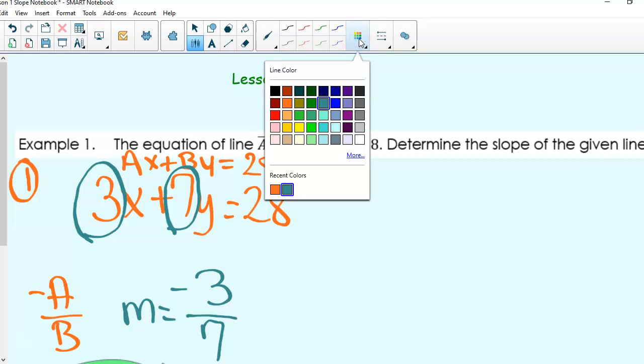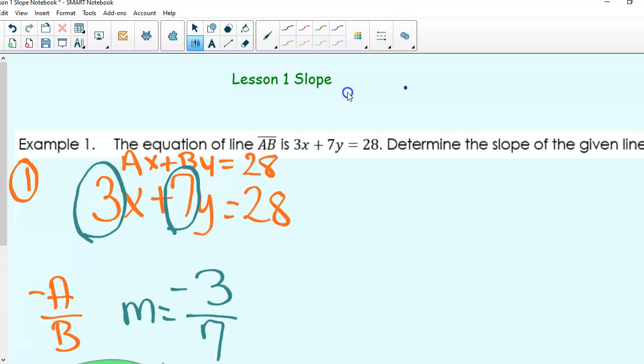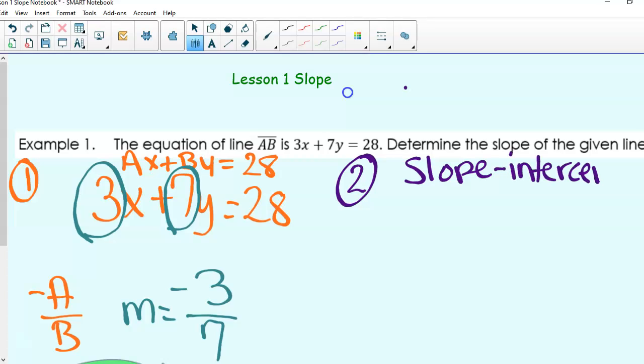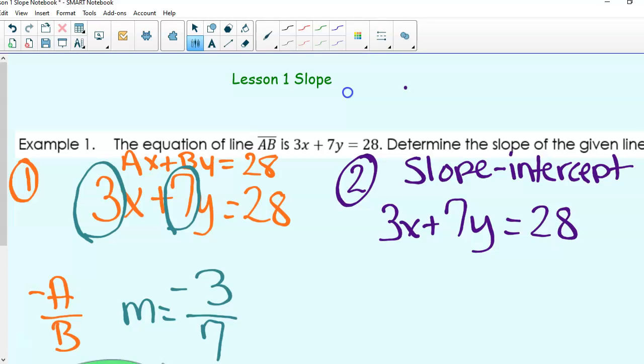Okay, the second way that we can calculate slope from this is to find the slope-intercept form. We're going to take our 3x plus 7y equals 28, and I'm going to solve this equation for y. So I want to have something that says y equals my x's and my constants.